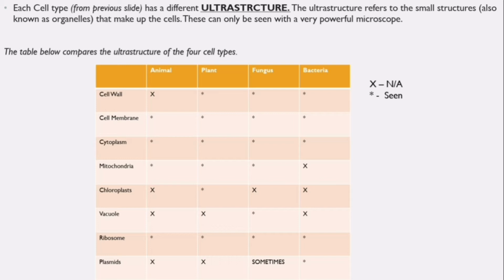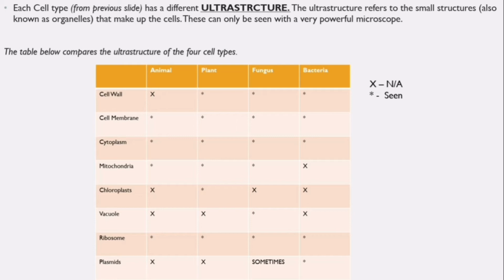So this table compares what the ultrastructures of the 4 cell types are. The X indicates that it is not present, and the star represents that it is seen. So in an animal, we don't have a cell wall, we do not have a chloroplast, and we do not have a vacuole or a plasmid.